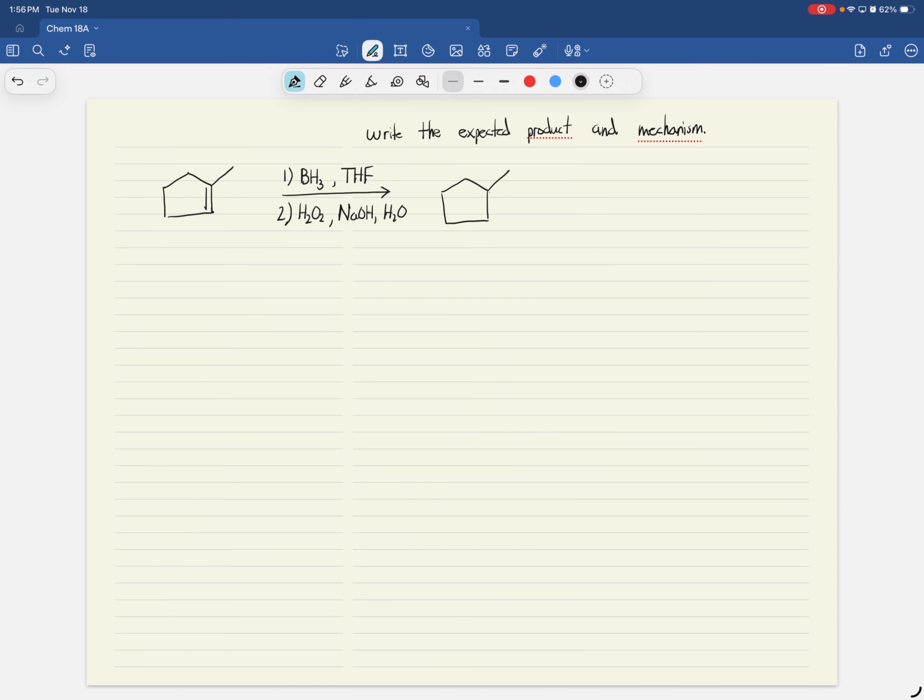The bottom one? The top one, right? So you're going to get H here. And then you're going to get the OH over here. But what about the stereochemistry? Do we form one enantiomer or two? Two. So this is racemic.